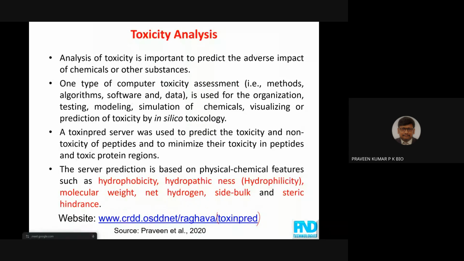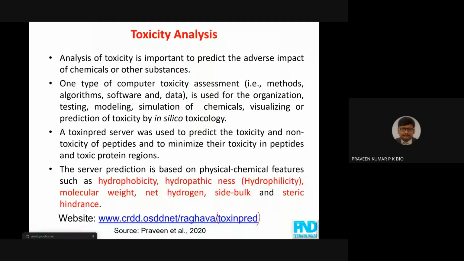Don't merely judge based on the scores we get from IEDB alone. You can also try a few servers like the Raghava web server or others. If you try two, three or four servers, you can better judge which is the best epitope. Other than that, of course, you have to check the toxicity analysis as well as the immunogenicity analysis.